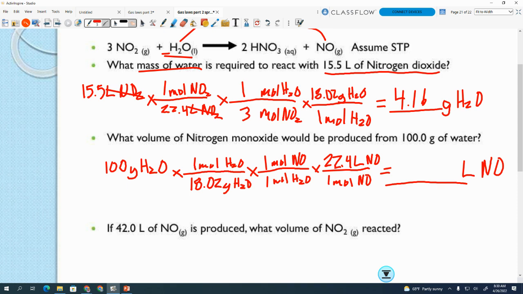If you're checking your setup, that's what you should have gotten, because water and nitrogen monoxide both have coefficients of 1. Your mole ratio is 1 to 1. So 100 divided by 18.02.